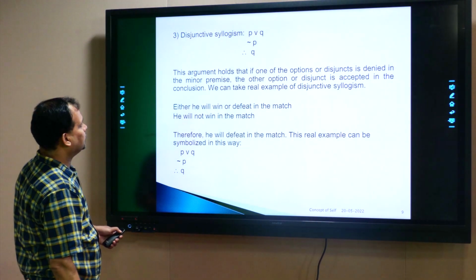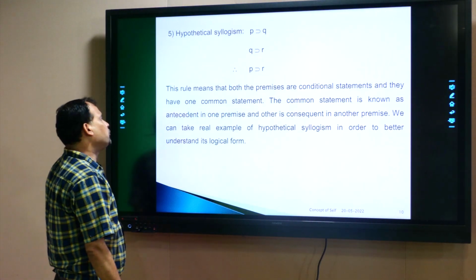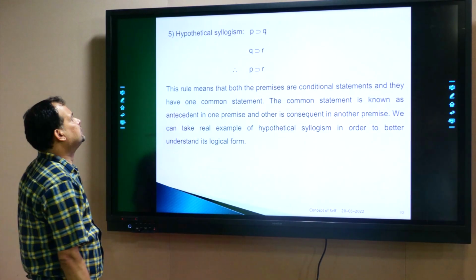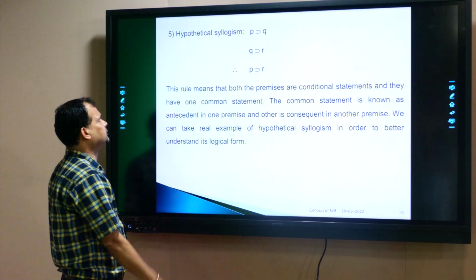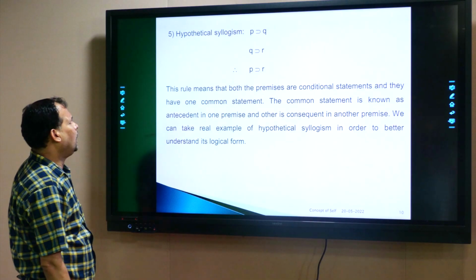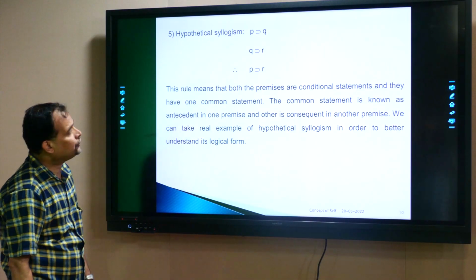Now, dear learners, the fifth rule of inference is hypothetical syllogism. How can we write this rule?